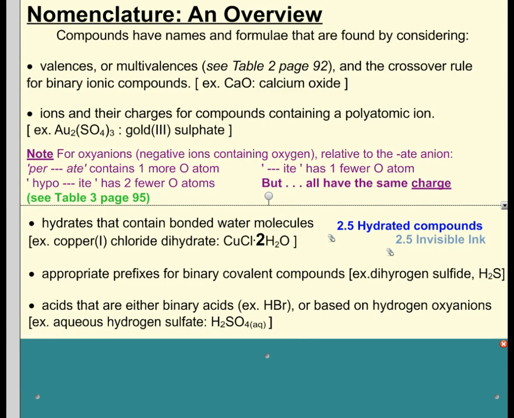The reason why we don't name it using a prefix system, although it contains non-metallic elements, is that acids universally ionize in water, which means that what's more relevant in the chemical name is the ions that are going to be formed, the hydrogen ion, the sulfate ion. So we don't use prefixes, although you might look at it and say, well, yes, but it's non-metallic elements. It's an acid. It's named differently.